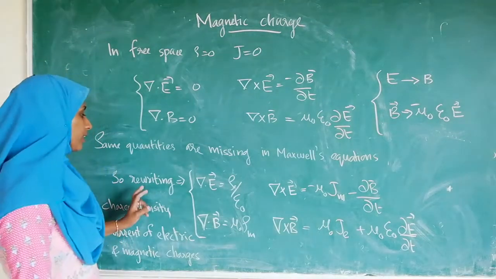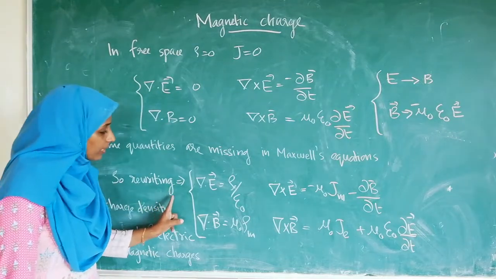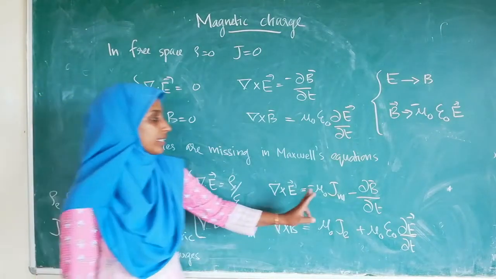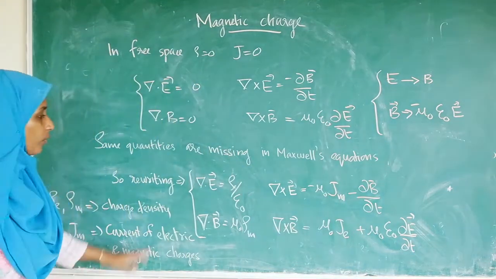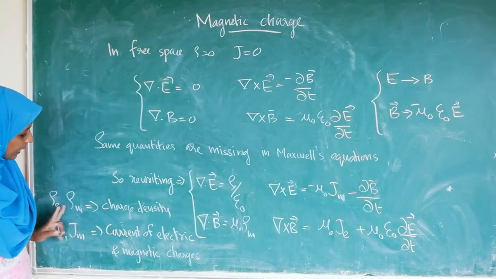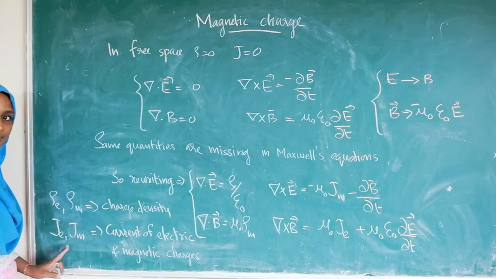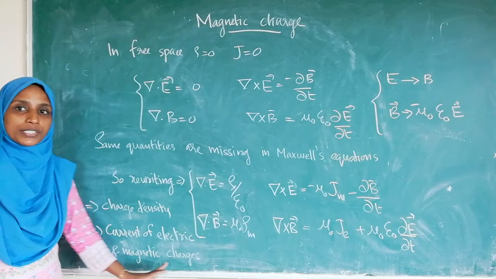So, Maxwell rewrote these equations considering the presence of a magnetic charge and electric current. Rho E and rho M are the electric and magnetic charge densities, and Je and Jm represent the currents of electric and magnetic charges.